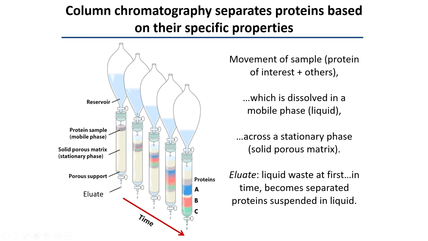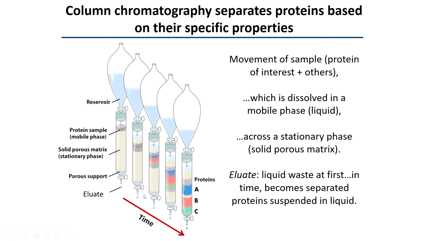We start up here where you put your protein sample at the very top of what's called a stationary phase. This is a column that has some type of solid porous matrix, and the nature of this matrix differs depending on your target protein. I'll talk about that in the next few slides. Up at the top is a reservoir of water that's dripping down onto your protein sample, and this forces the protein to move through the solid porous matrix.